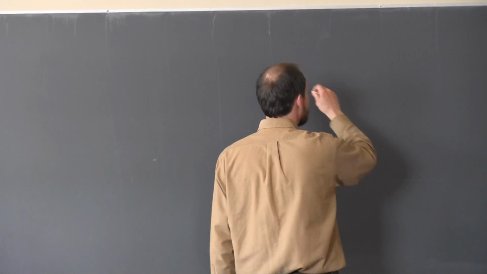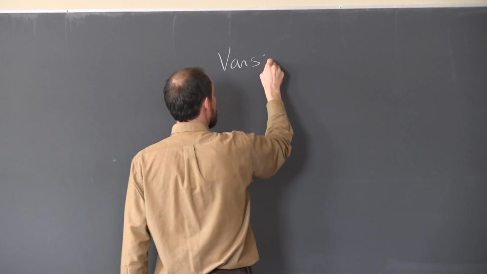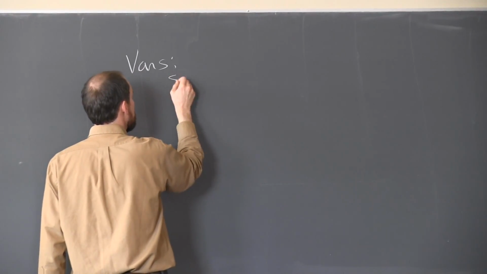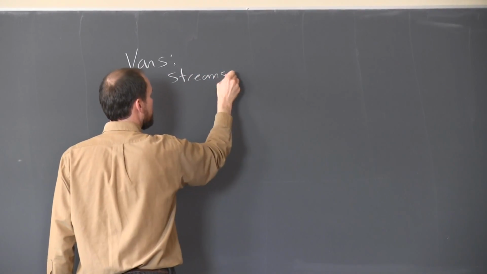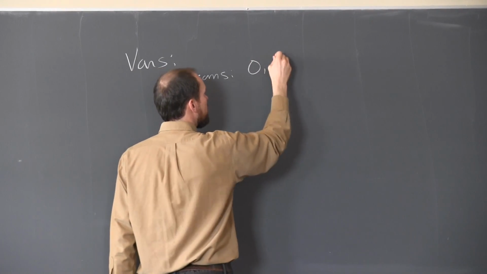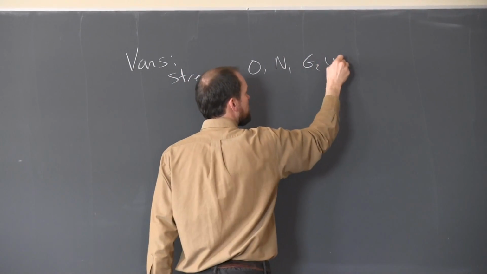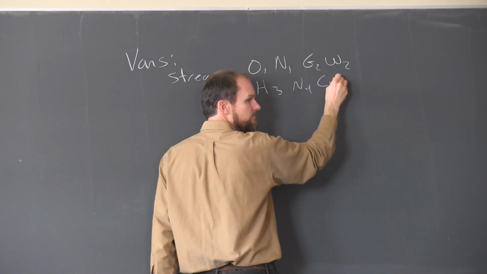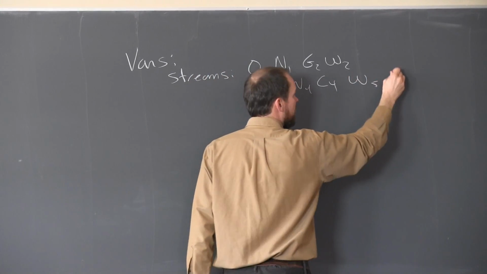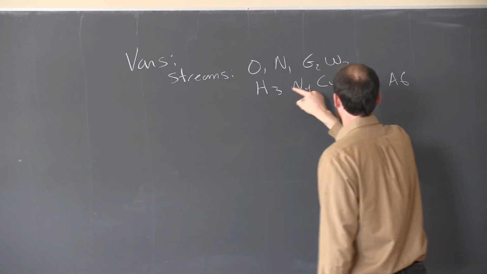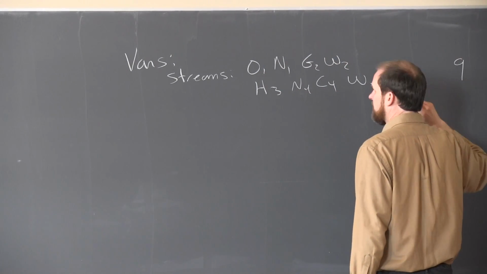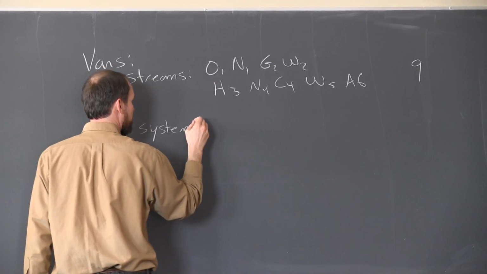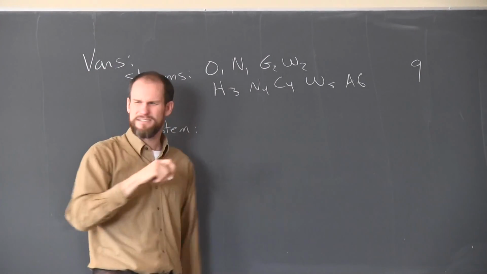How many system variables? 6. So if I do variables, remember my friend, I've got some stream variables: O1, N1, G2, W2, H3, N4, C4, W5, and A6. That's 9 stream variables. How many system variables?